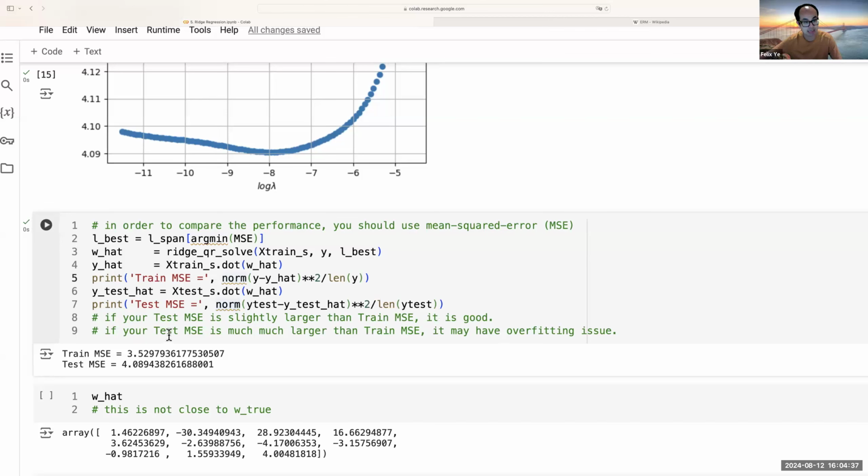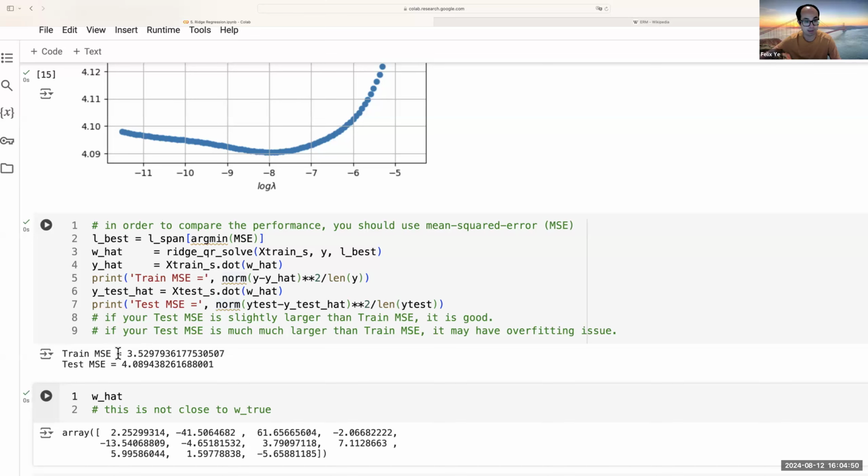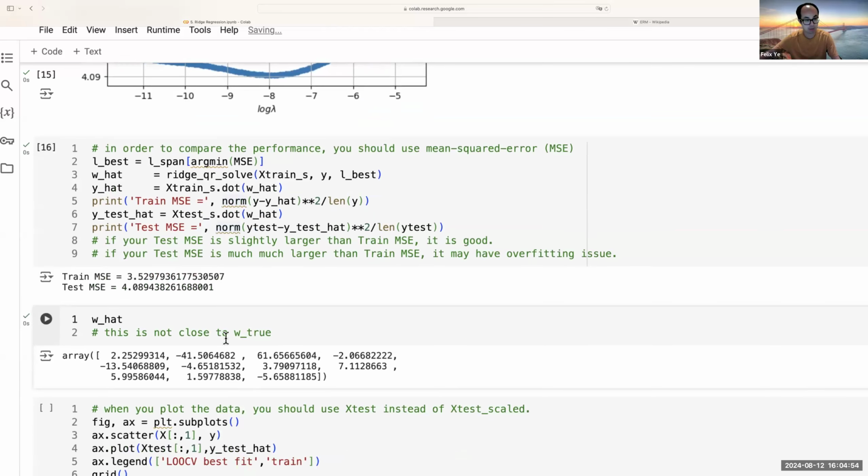But if the testing MSE is much, much larger than the training MSE, it might have some overfitting issues. But from here, the testing MSE is reasonably good, it seems a good fit. But if we look at this W here, it is not close to the true ones.